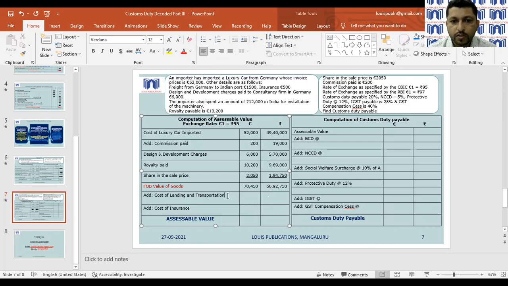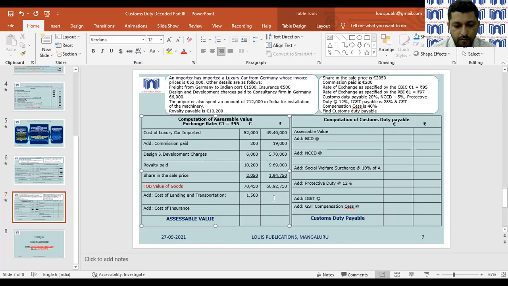Next, we are given the cost of landing and transportation. It's given freight from Germany to Indian port, euro 1,500. Now it's not mentioned that it is through air transport. So we will take the value as it is, assuming sea transport. For air transport, the words air transport have to be given. Only freight is given, mode of transportation is not mentioned. So we will take 1,500 as it is. That will be the cost of transportation and landing.